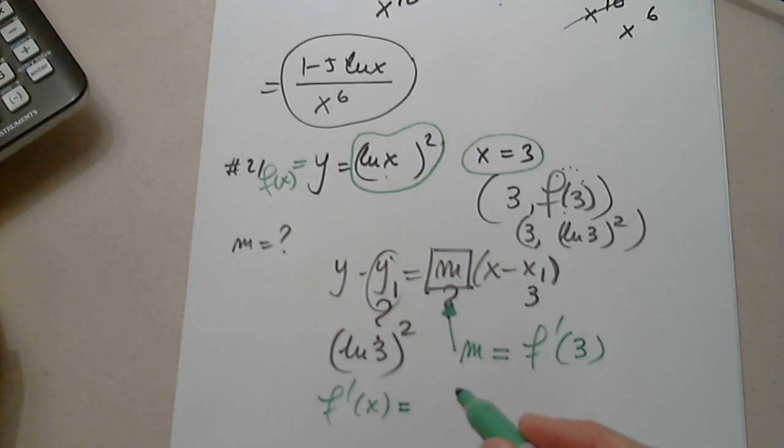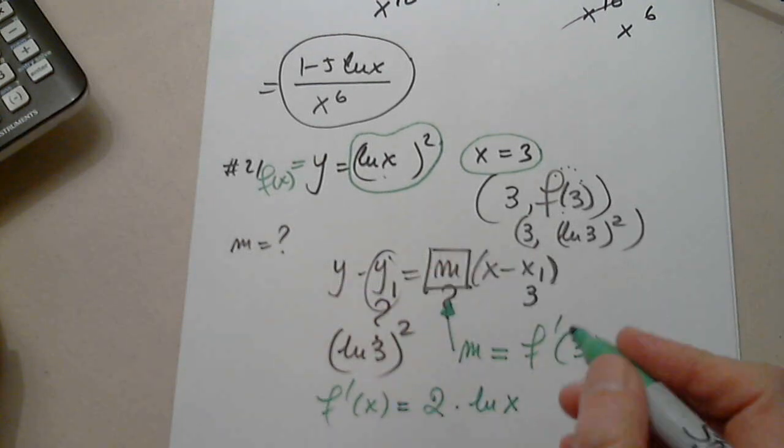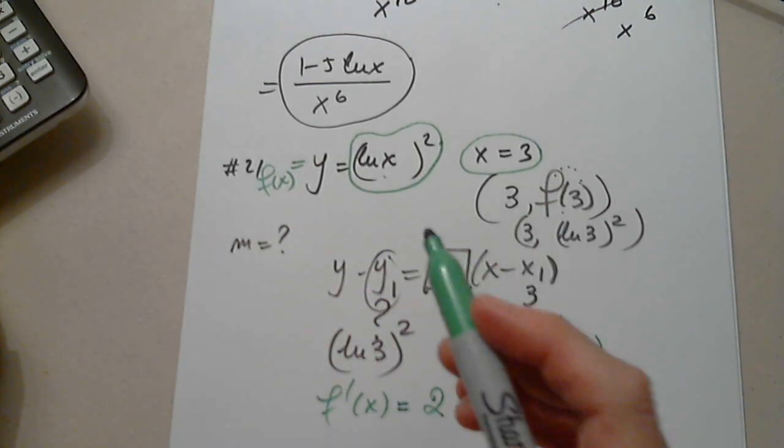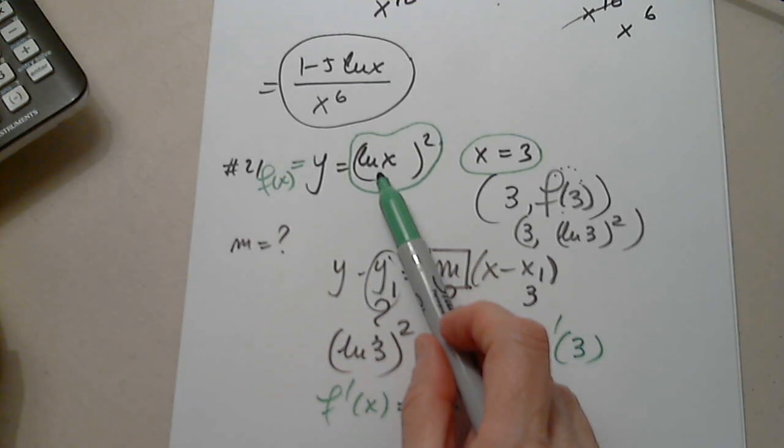I would love to just bring the 2 down. So yes, 2, so 2 times natural log x to 2 minus 1 times the derivative of the natural log of x. Remember me a couple of minutes ago being silly? Why was I silly?